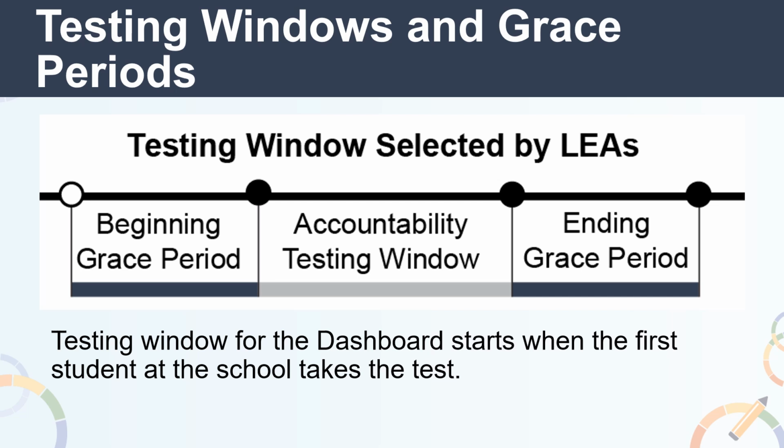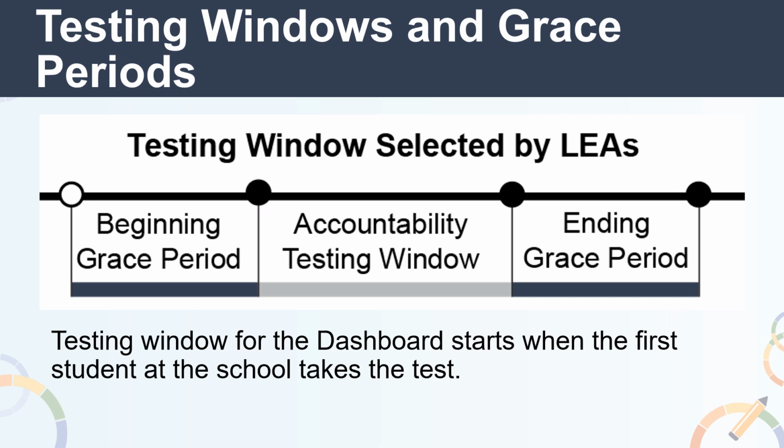They are applied before and after the accountability testing window according to the length of the LEA selected test window. If the LEA selected testing window is 14 days or less, there is no grace period applied. If the LEA selected testing window is between 15 and 30 days, one grace period is applied at the end of the window.